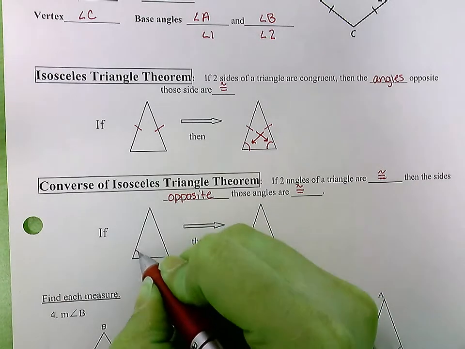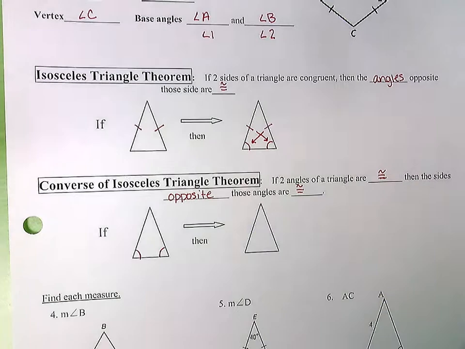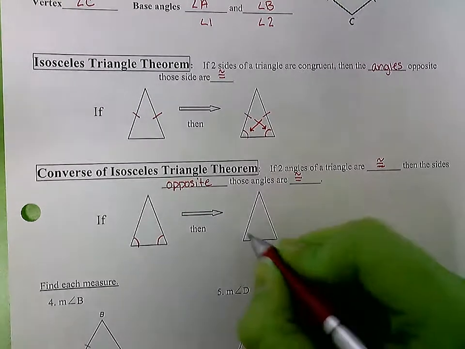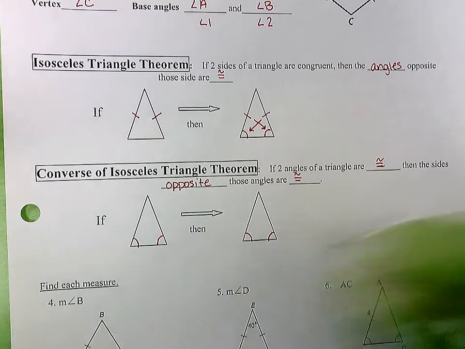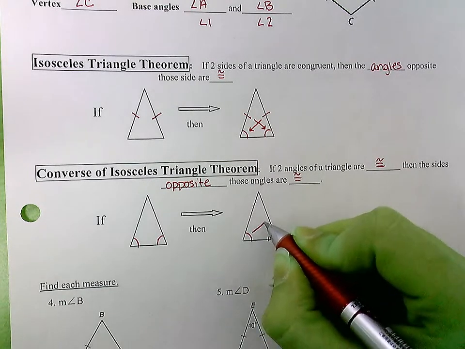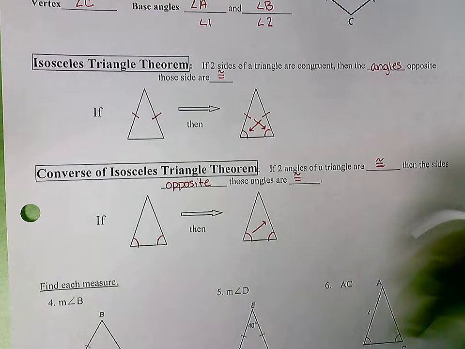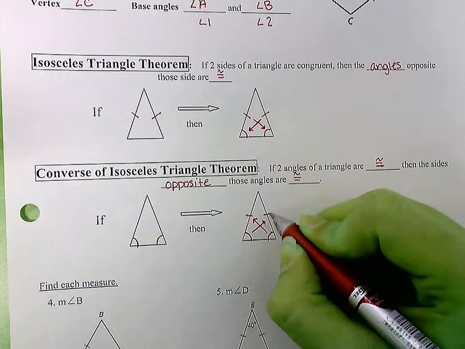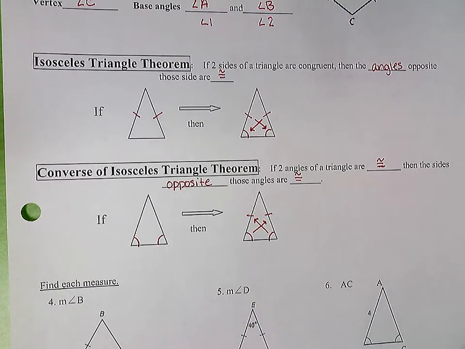So if I have my angles congruent in my triangle, then since those angles are congruent, the opposite sides, or the sides across from each of those angles, would be congruent. Okay, so in your isosceles triangle, your base angles are congruent. If your base angles are congruent, then your sides are congruent.